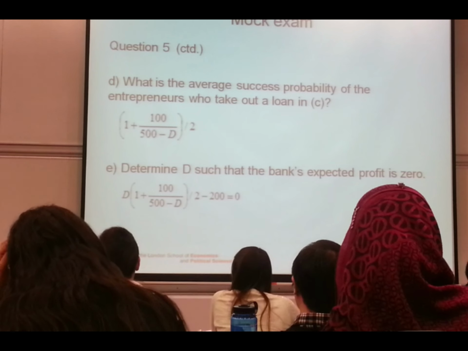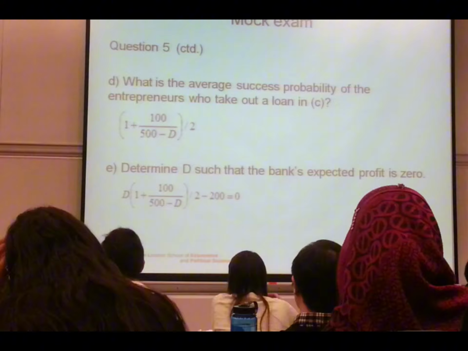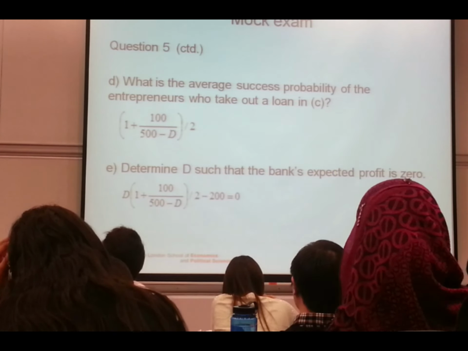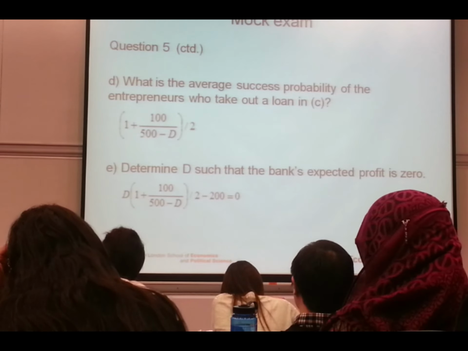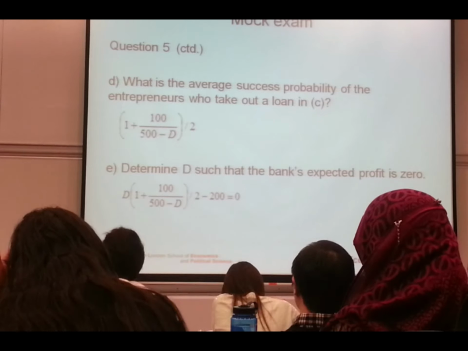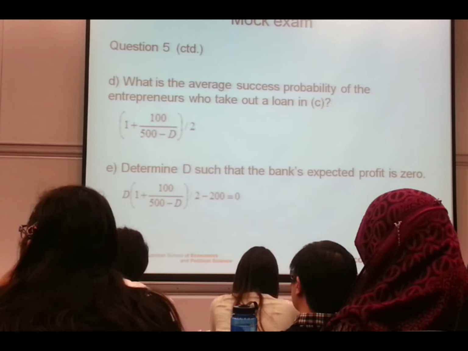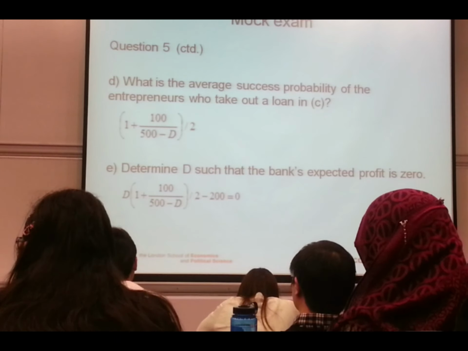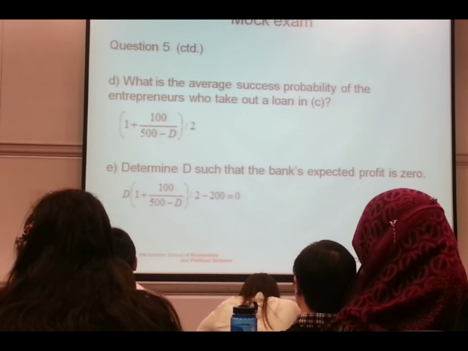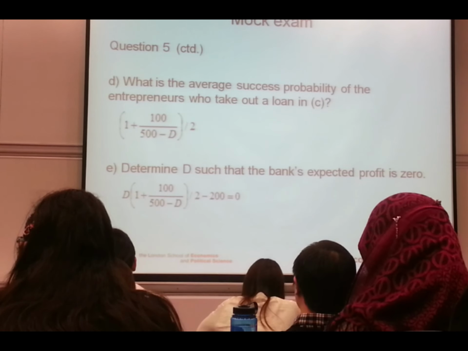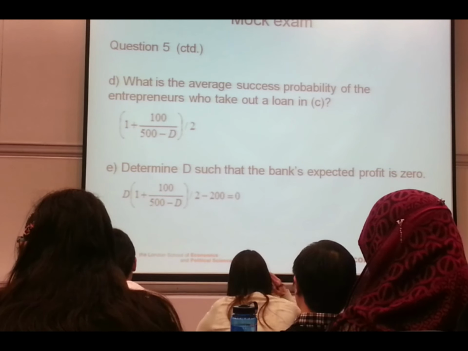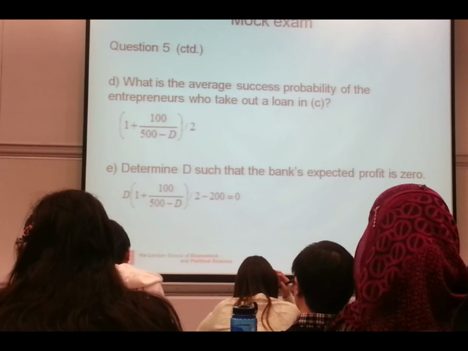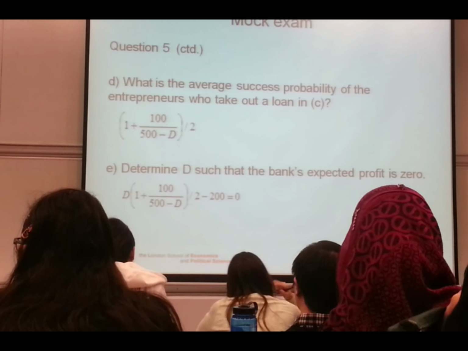And so if we wanted to take the average between the minimum and the maximum, we just take the minimum plus the maximum divided by 2, right? That's the midpoint between the maximum and the minimum probability. And so we simply take 1 plus 100 over 500 minus D, divided by 2. That is the average success probability of the entrepreneurs that will undertake the project.